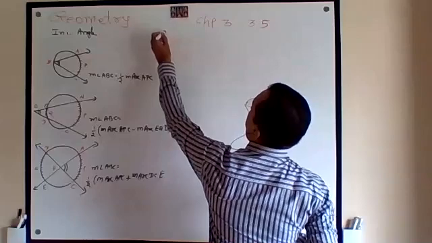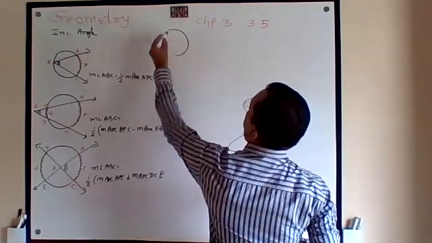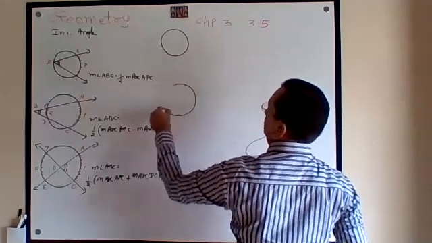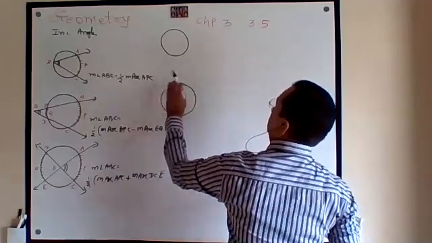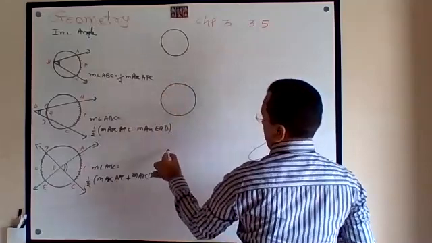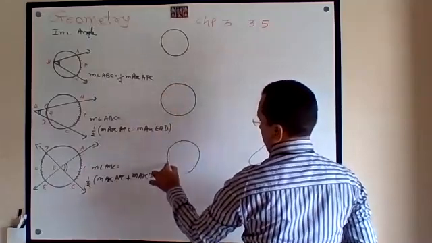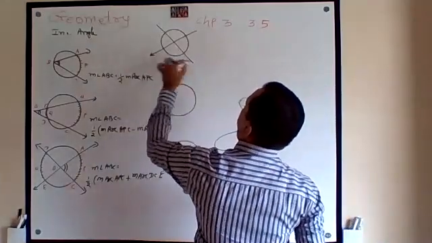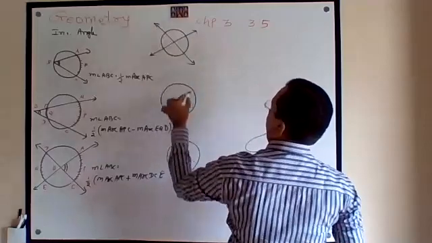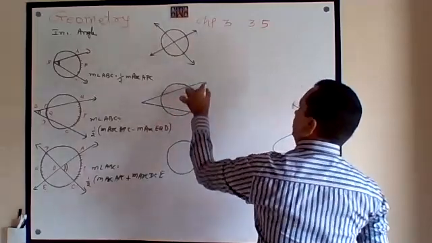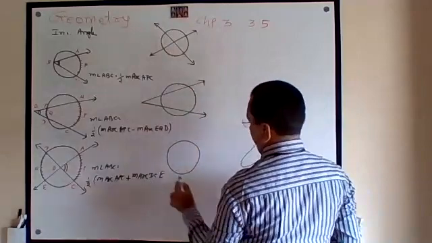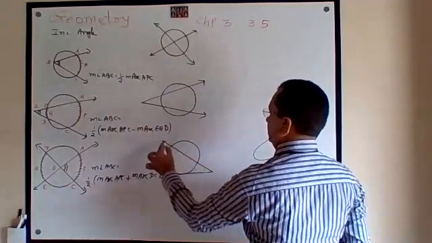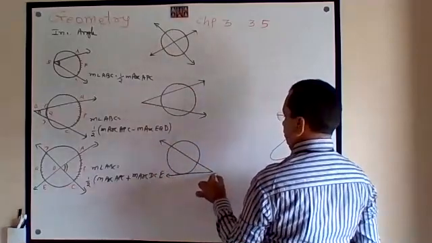Again I draw three diagrams. When two lines intersect inside, when two lines intersect outside, and when one is a tangent and one is a secant.